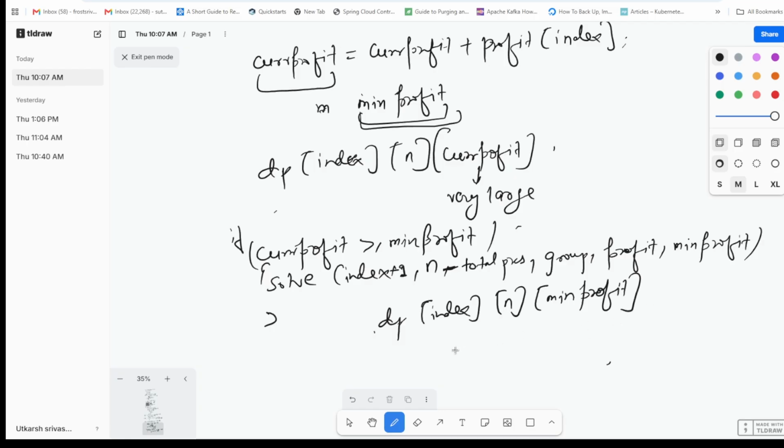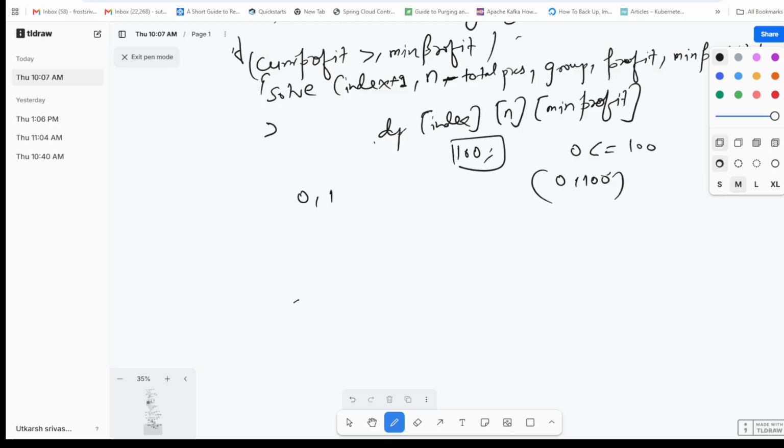And the min profit they have given can be max 100, right? So this is quite a small number compared to if we keep on calculating the current profit. The value of a profit can range from 0 to 100, the range they have given.